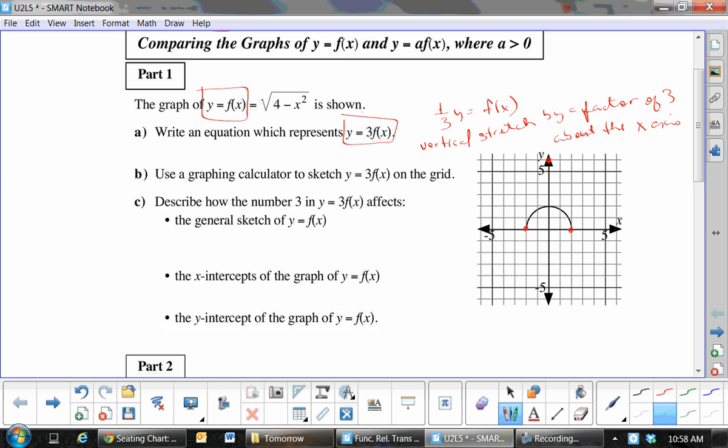And do you see, if you're multiplying all the y's by 3, that's why the x-intercepts stay the same, because that's where y is 0. 0 times 3 is still 0. Okay? So this would be a vertical stretch by a factor of 3 about the x-axis.